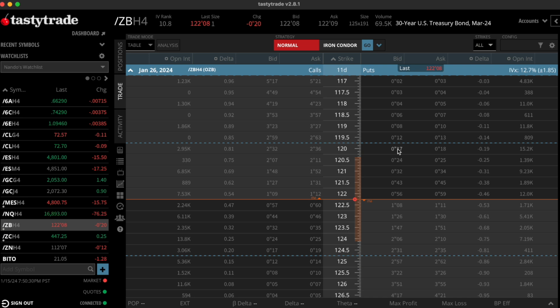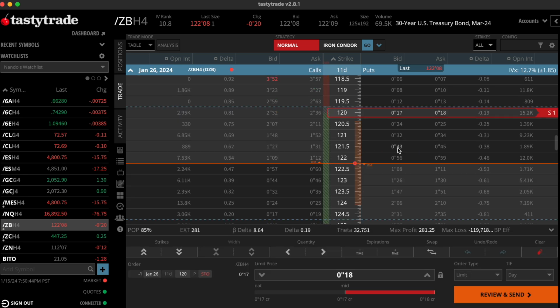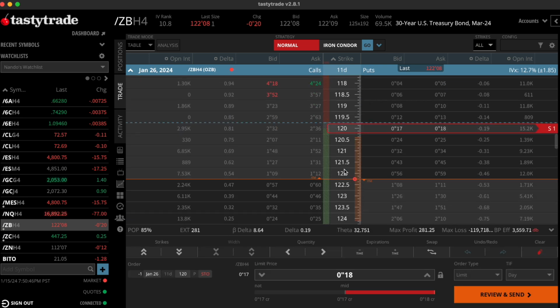The futures is trading at 122.08, down 20 ticks. I'm going to sell the strike at 120, and the prices right now don't matter too much, but it's printing 18 down here.